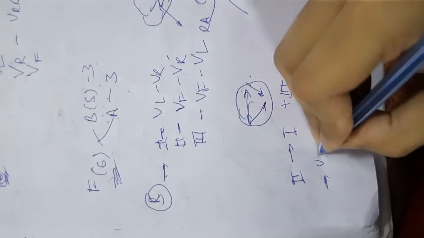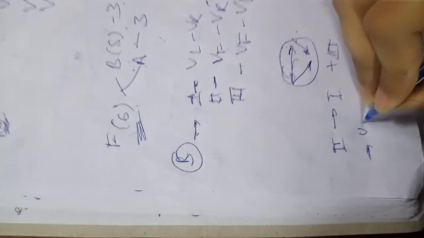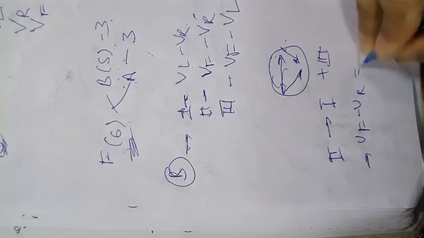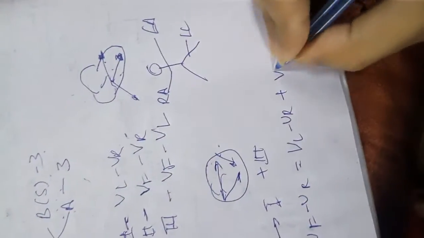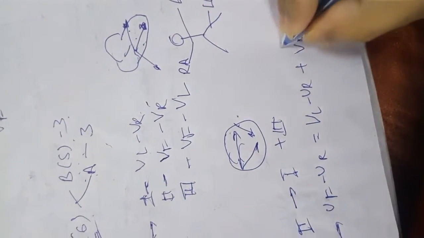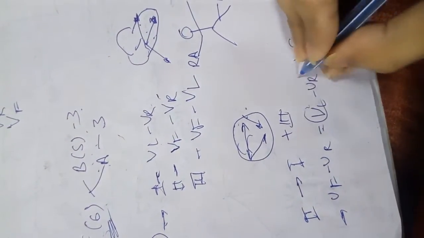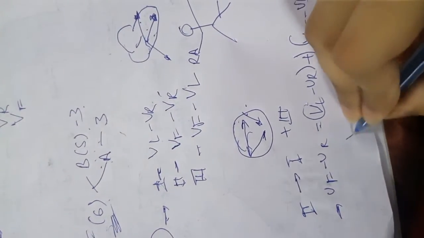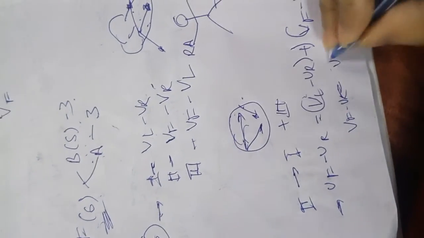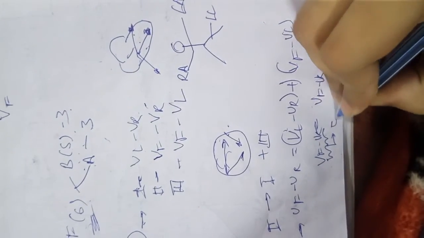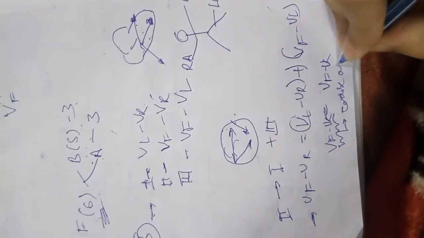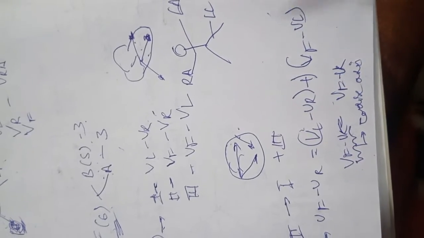Lead 2 is equal to VF minus VR, which is equal to VL minus VR, that is lead 1, plus VF minus VL, which gives you VF minus VR equals VF minus VR. Therefore, it can be concluded that lead 2 represents the cardiac axis of depolarization, and it is the sum of the vectors of lead 1 and 3.